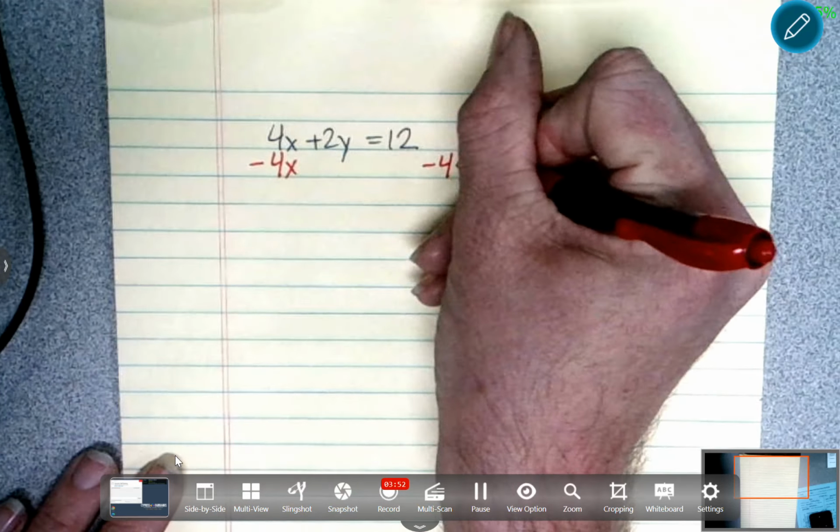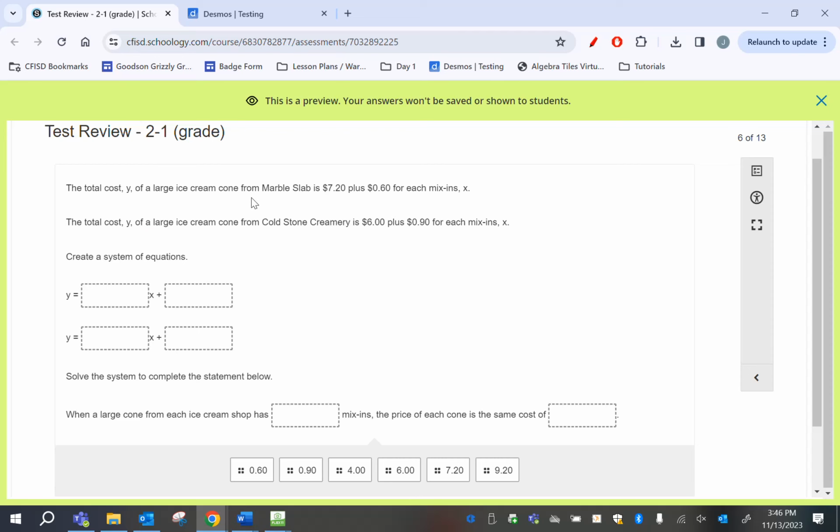The next one, this is a bit of a tricky one. What you'd have to do is you'd have to read these two situations. One, the total cost of a large ice cream cone from Marble Slab is $7.20 plus 60 cents for each mix-in. The total cost of a large ice cream cone from Cold Stone Creamery is $6 plus 90 cents for each mix-in. Create a system of equations.